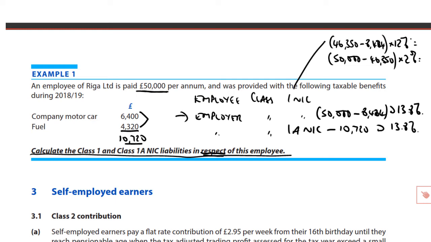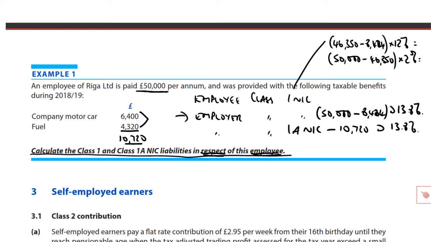You will be aware, of course, that we did speak about an employment allowance that would be available to go against the total of all employers' Class 1 NIC liability. What they've asked us for here, and it's likely to be the case in any exam question, is just the amount of these liabilities in respect of this employee.